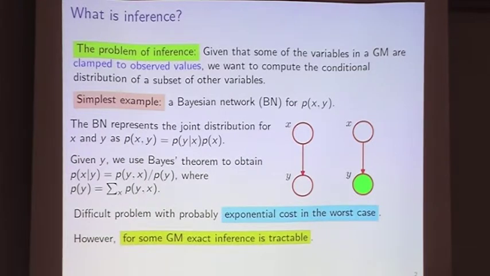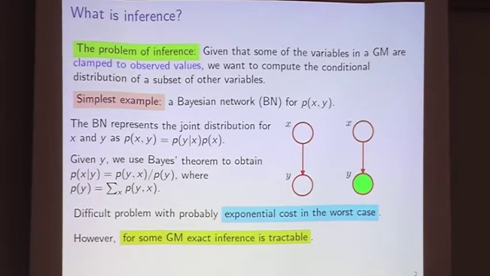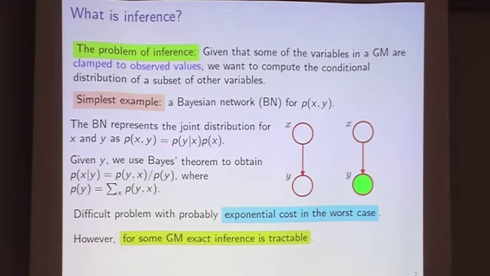The simplest example for this problem is the case in which we have a two-dimensional probability distribution specified in terms of a Bayesian network, with this graphical model that specifies a factorization of the joint in terms of a product of the conditional distribution of y given x times the marginal distribution of x.